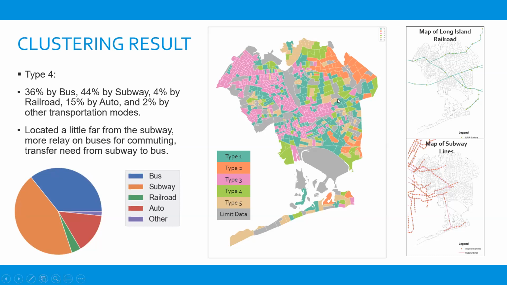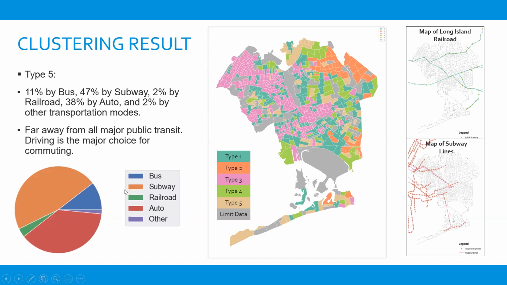Compared to type 1 and type 3, they're far from the subway line, which means directly walking to the subway might be a little inconvenient for them. So a lot of them shift from subway to bus, which they might have nearby. It's more accessible for them to take the bus instead of subway.